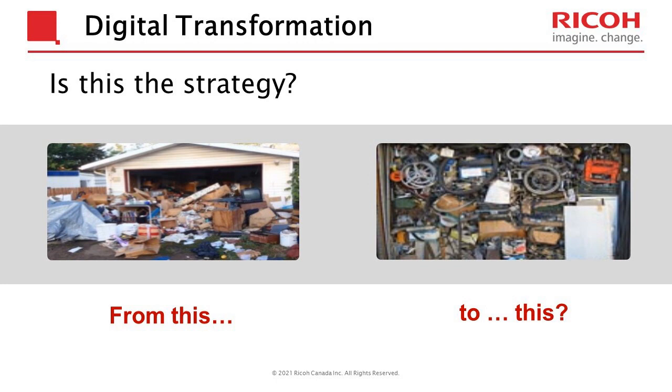Right? So this implies that when you're going through your digital transformation journey, there is a certain amount of cleanup that needs to take place. Right? So when you're going from paper to electronic, you need to do some sort of cleanup, because garbage in is garbage out. If we just take what we have today and just stuff it into a bigger drive, for example, we still have the same problem.